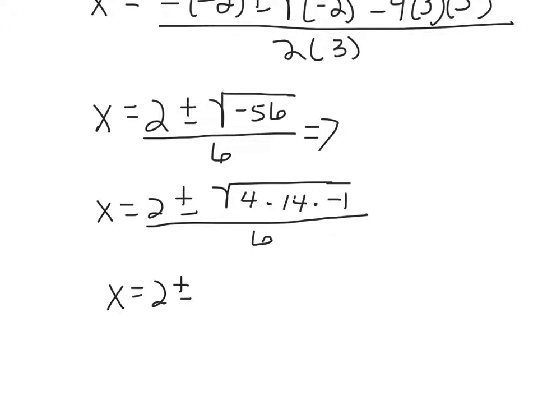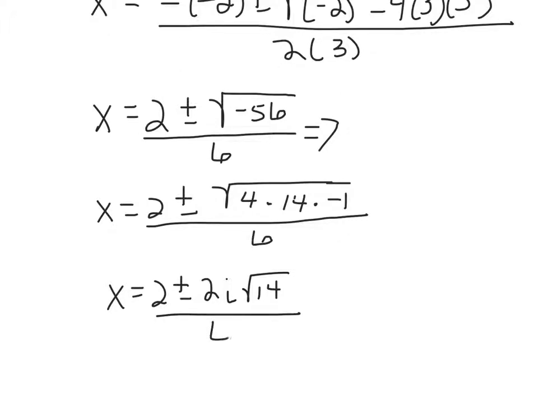Now I'm going to take the square root of 4, which is 2. I'm also going to take out this negative 1, square root of negative 1, which is i. And I'm going to be left with root 14. And I can't simplify that root 14 anymore because that's as far as I can go with that.